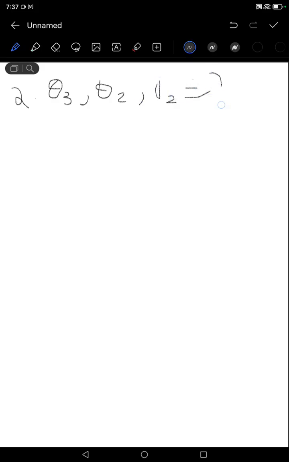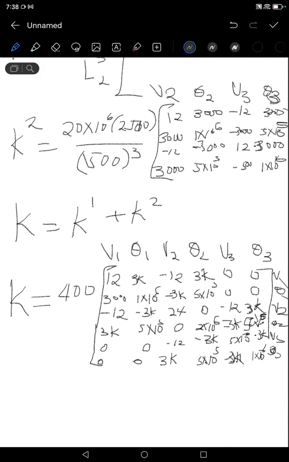We're looking for this. We're going to look for this. So to look for this, we have to apply the boundary condition. Let's go back a bit and check the boundary conditions.